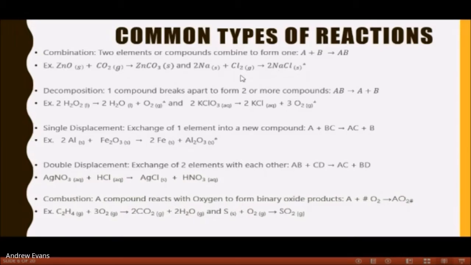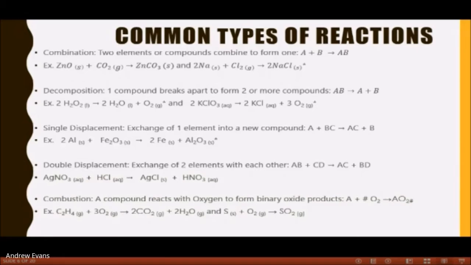Of course, the opposite of that is decomposition. Decomposition: one compound breaks down into two or more compounds or two or more elements. This could be something simple like hydrogen peroxide, which will naturally break down into water and oxygen.